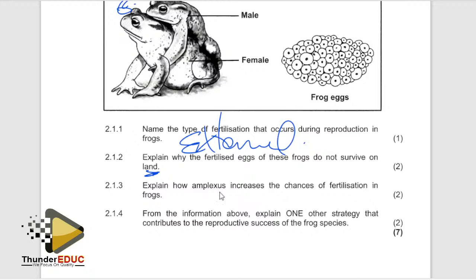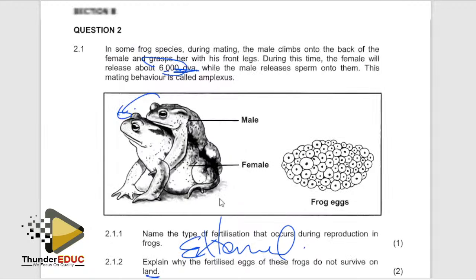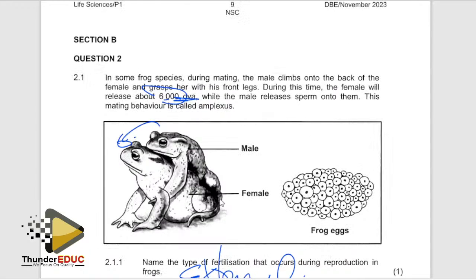Explain how this increased the chance of fertilization.